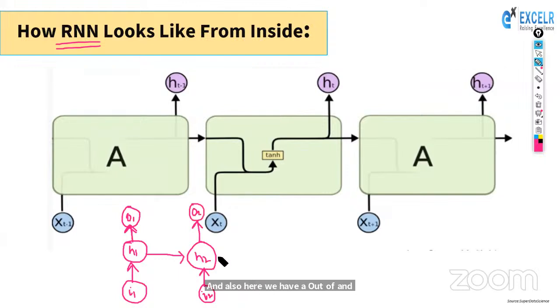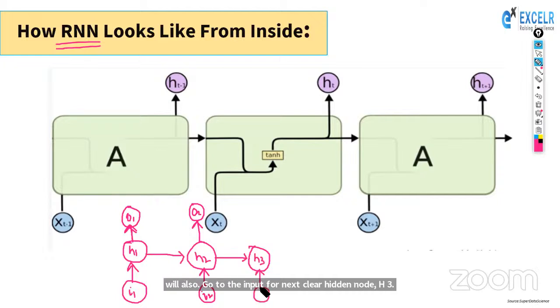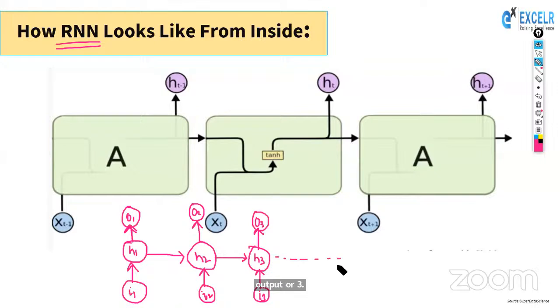The output of H2 also goes as input to the next hidden node, H3. For H3, we have an input from I3 and an output node O3. This is how the RNN structure looks, exactly the same as the internal diagram of RNN.